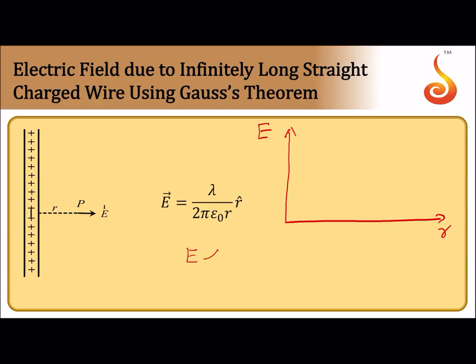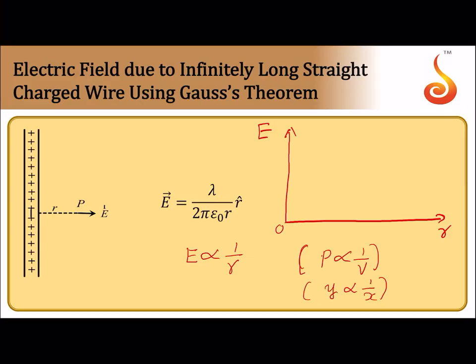Electric field, as you have noticed, is inversely proportional to R. And you all know how to draw an inverse relation graph, correct? For example, you may wish to recall what you did last year. You did Boyle's law. Pressure is inversely proportional to volume. Or did you learn in mathematics that y proportional to 1 by x gives a specific kind of graph? Do you recall that?